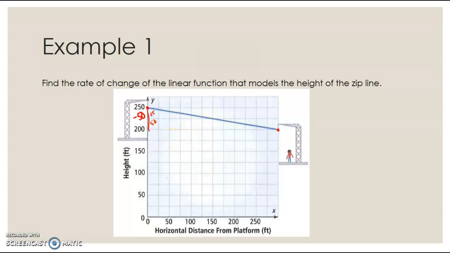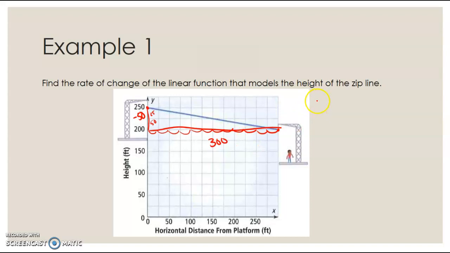All right, and then I'm going to go over, right? And so that's 25, 50, 75, 100, 125, 150, 175, 200, 225, 250, 275, 300. So I know that this is a distance of 300.